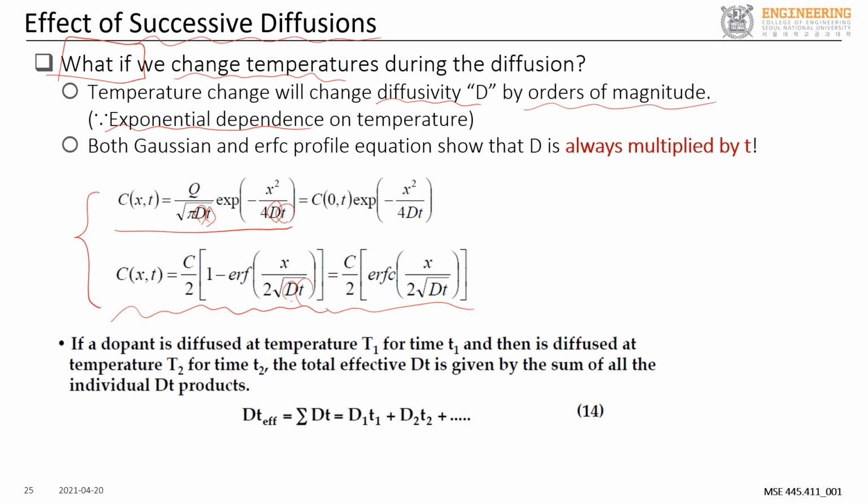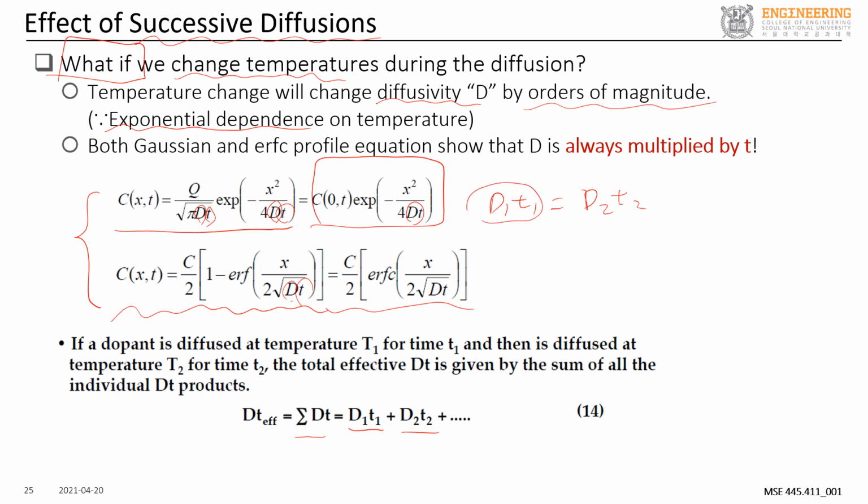So that's a very easy way to model this, because you can just multiply D and t for different temperatures or different times, and then add them up. After D1 t1, it's still a Gaussian profile, so it doesn't matter how you got here. Maybe it was D1 t1, or maybe it was D2 t2.